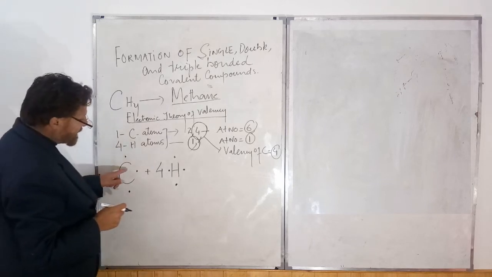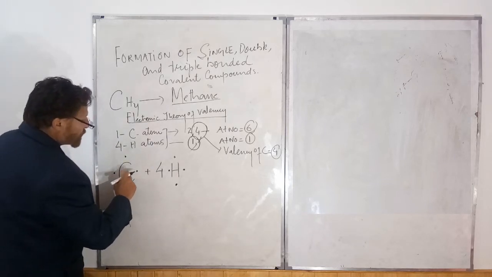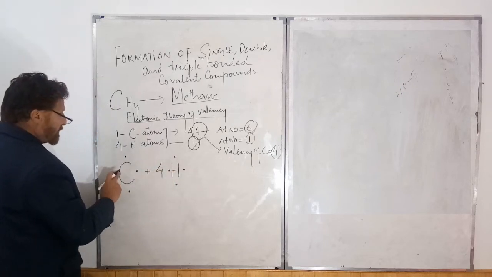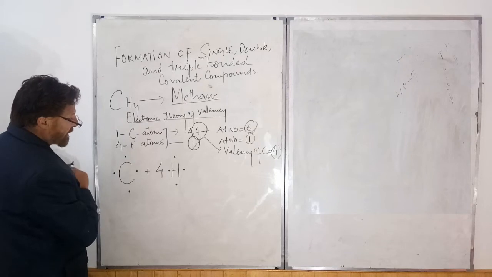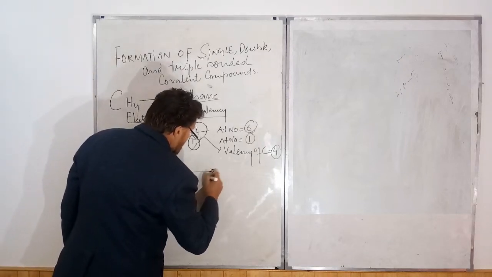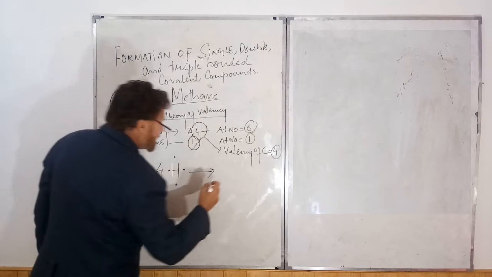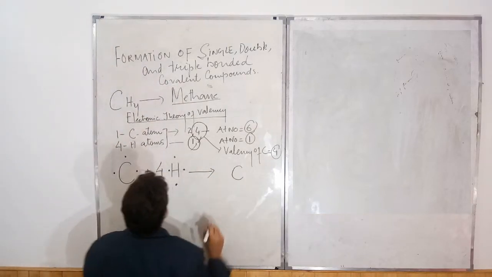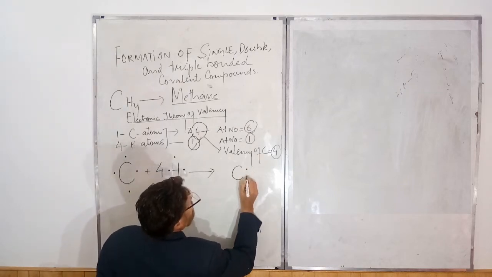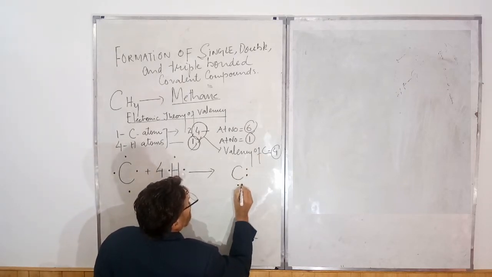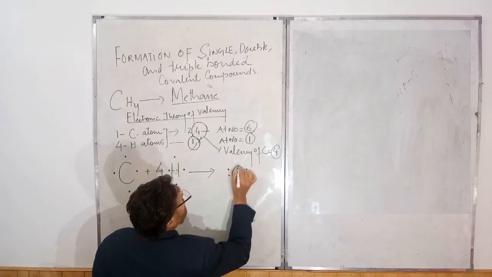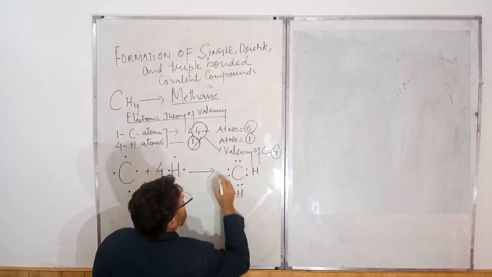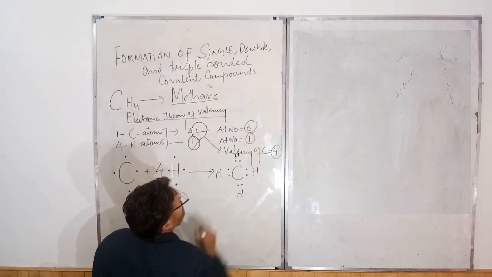Now they will go for sharing. These 4 hydrogen electrons will be shared with the 4 carbon electrons, giving the shape of the methane molecule like this. C is in the center, with 8 electrons around it, and H, H, H, H.